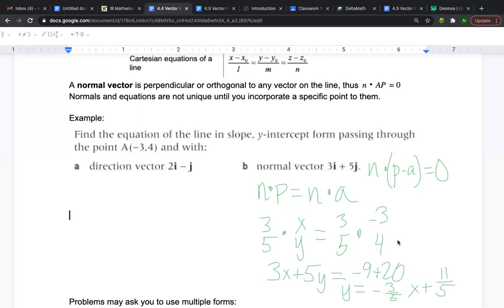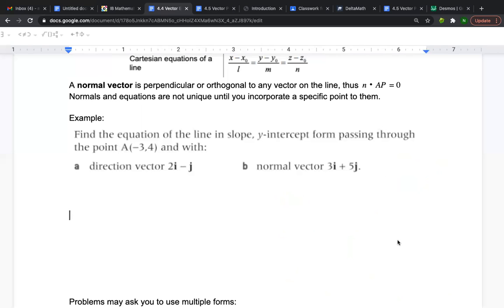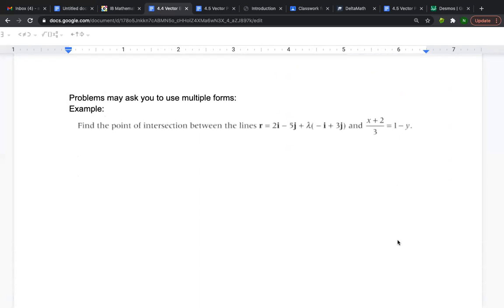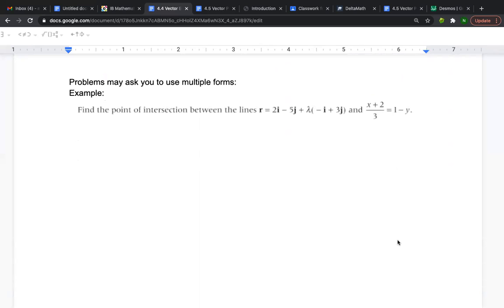Awesome. Okay, so problems may ask you to use multiple forms. So this first one wants you to find the point of intersection. So the first thing I'm going to do is just rewrite the first one in more of a parametric form.